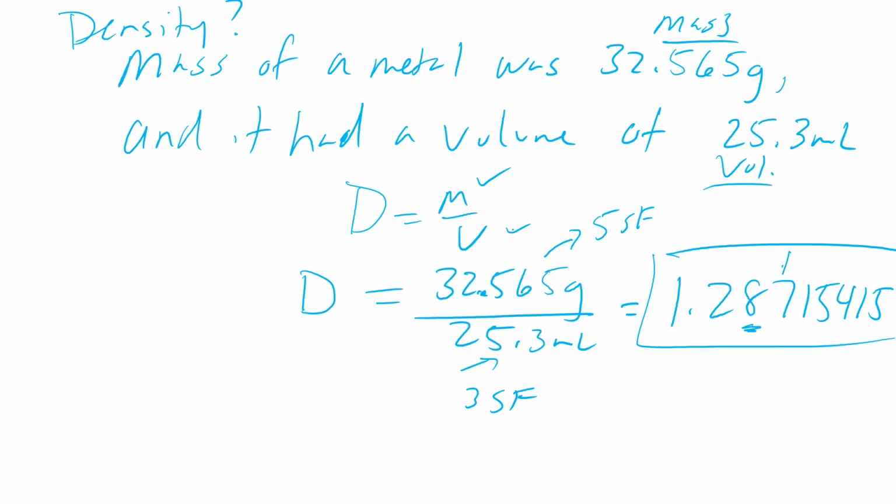Here we will need to round because of the 7, and we're going to round up, and that will give us 1.29. The units here do not cancel out, so it is grams per milliliter. The number stays with the top unit, which is grams in this case, and is per 1 milliliter, and that would be the density of that object.